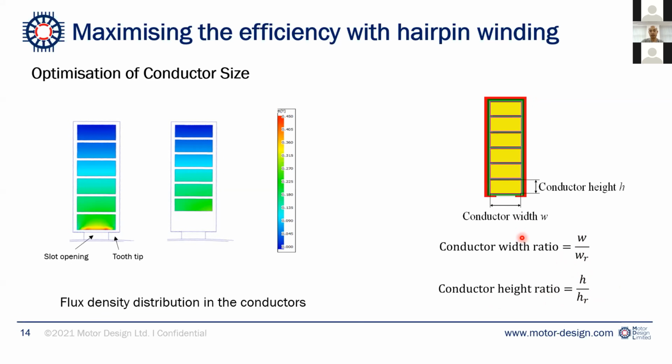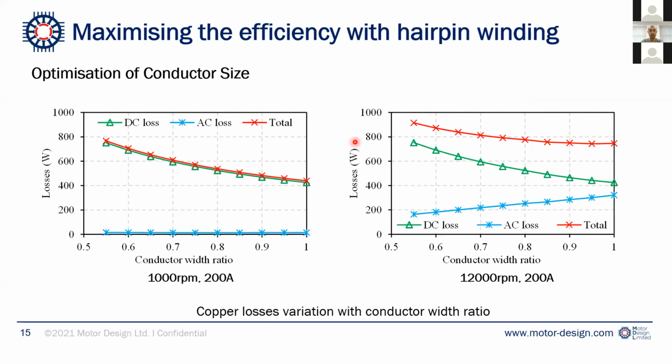When the ratio is 1, that means we fill the slots as much as possible, pretty much all the slot is filled by the conductor. When the ratio is 0.5, 50% of the slot is filled by the hairpin winding.